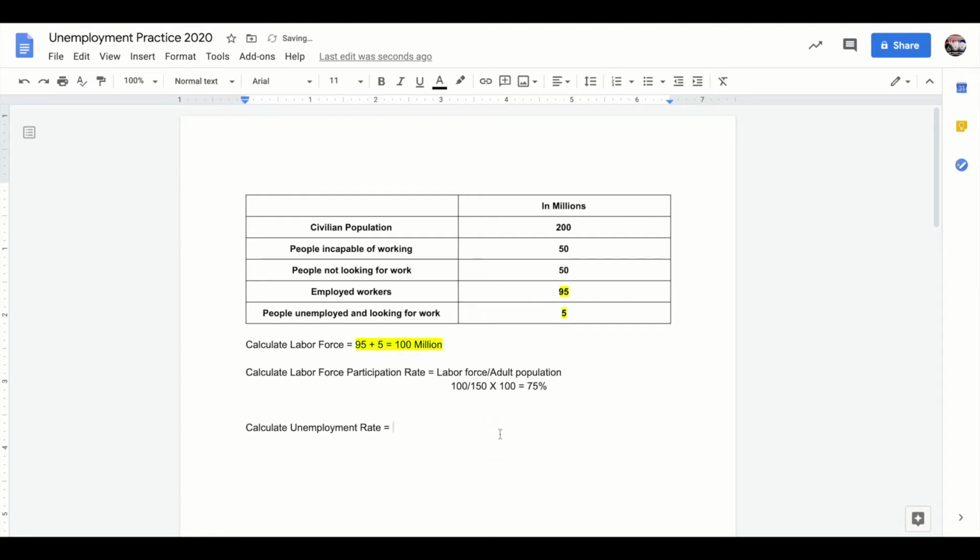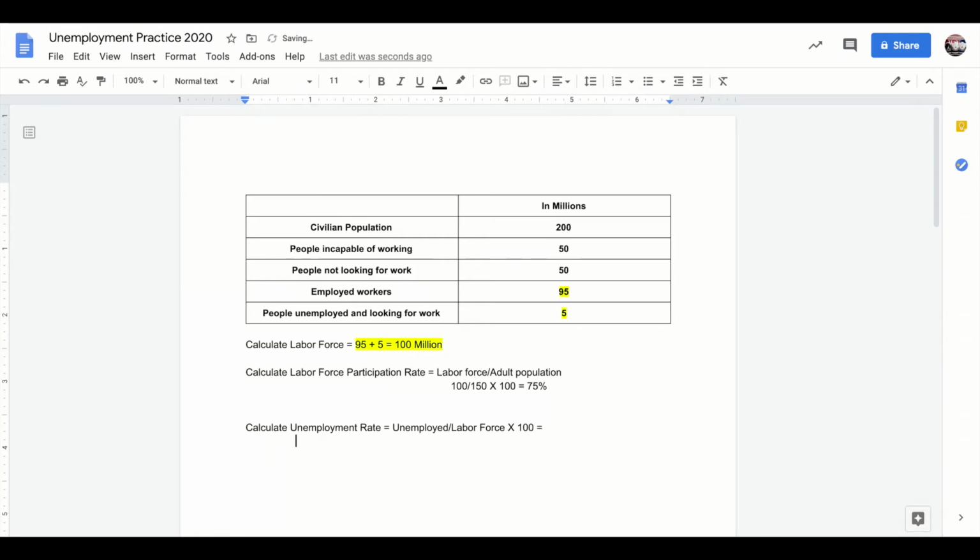Finally, the most important one. I'd say this and the labor force participation rate are the two most important ones. Your unemployment rate is calculated as unemployed divided by the labor force times 100. Not too tough.